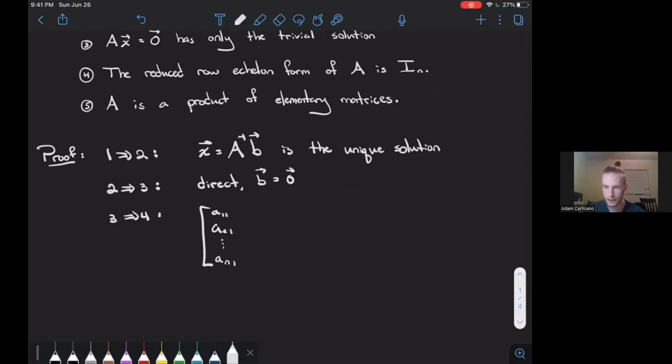We're assuming A is n by n, right? We'll go all the way over to a_1n, all the way to a_nn, and so on. This is shorthand for writing all the entries in the matrix. But then we're going to augment with the 0 vector.